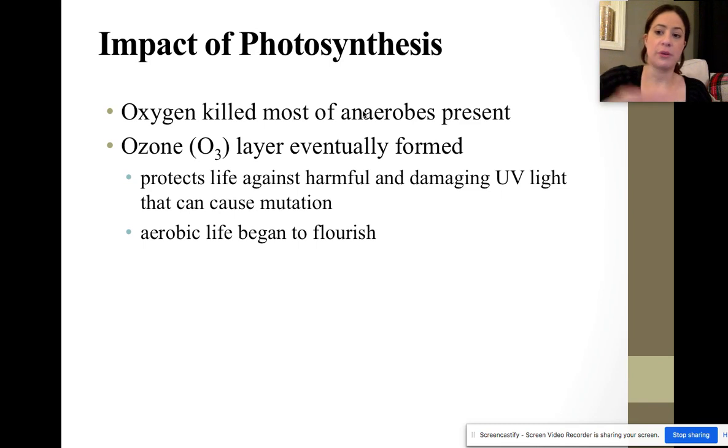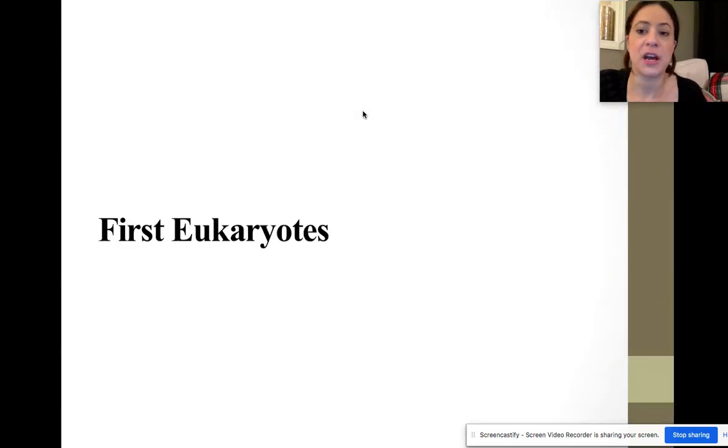This ozone layer would filter out a lot of the UV radiation that would hit our Earth. And that is beneficial because that prevents the UV rays from causing mutations in molecules, and aerobic life can flourish.